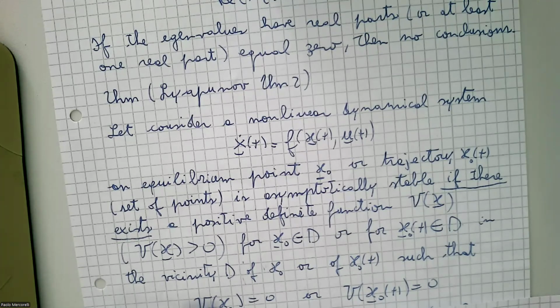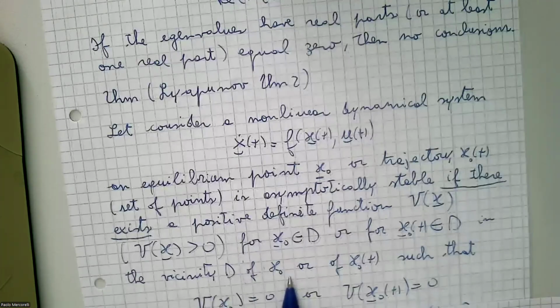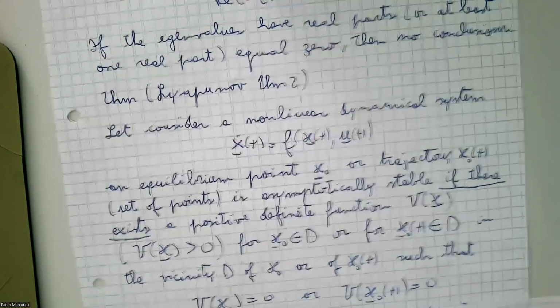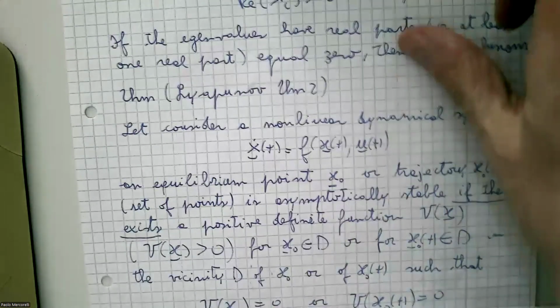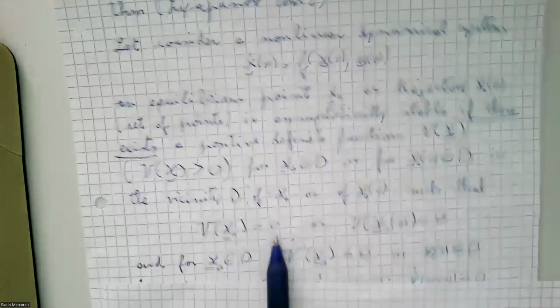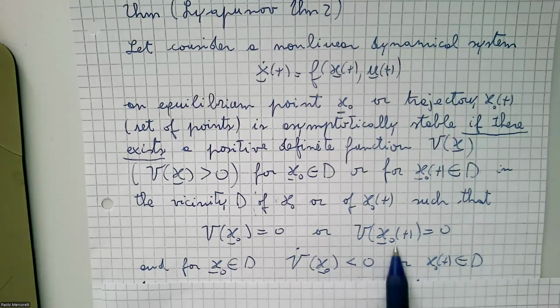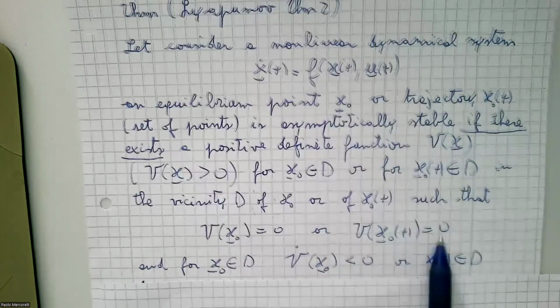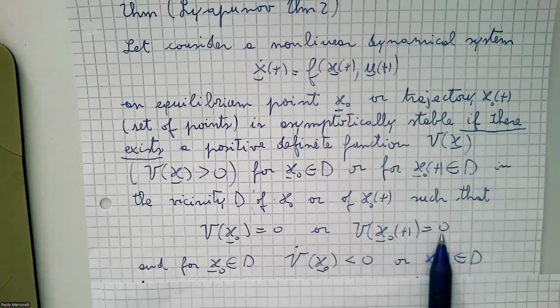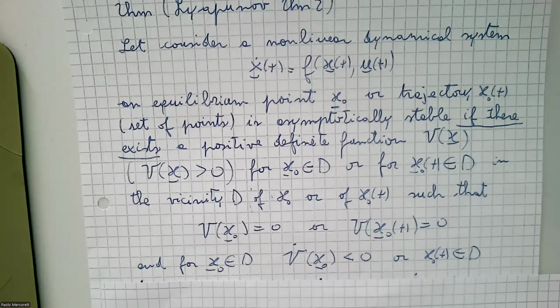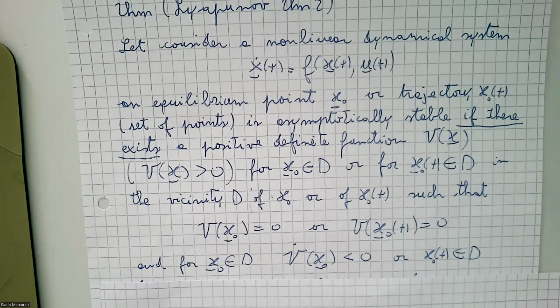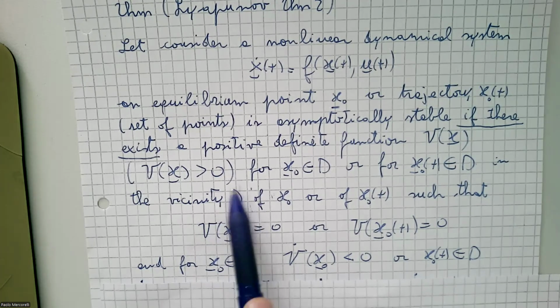I mean, in the vicinity D of x0, such that V of 0 is equal to 0, or for all points equal 0 if you consider a trajectory. D is the domain. D is the vicinity.